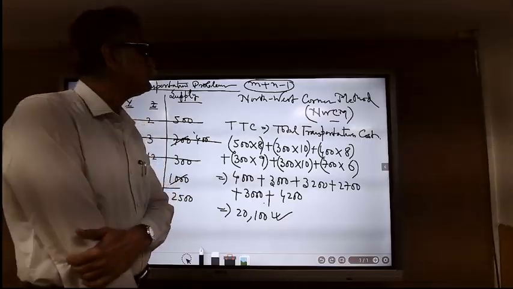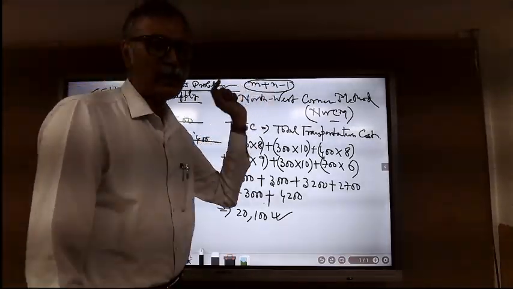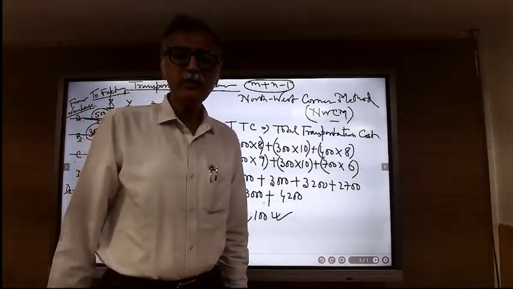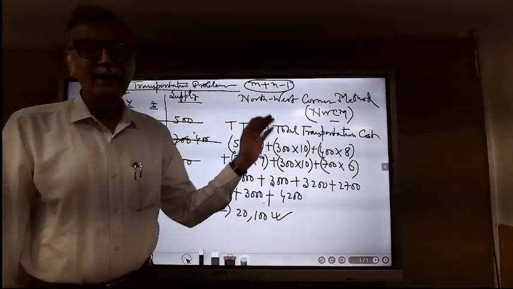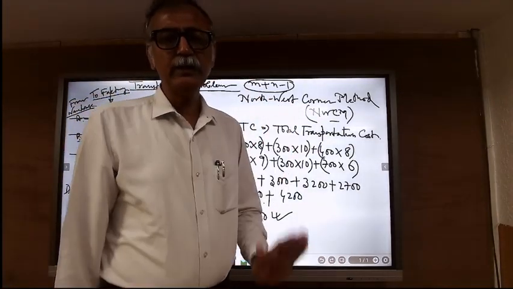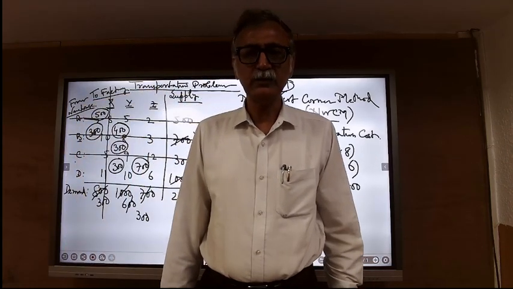Now the question is, what does m stand for, what does n stand for? M stands for the number of rows of the transportation matrix, n stands for the number of columns of the transportation matrix.